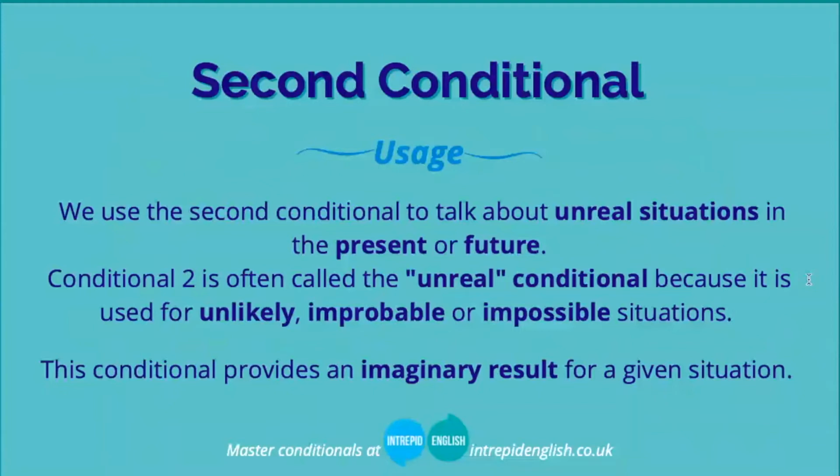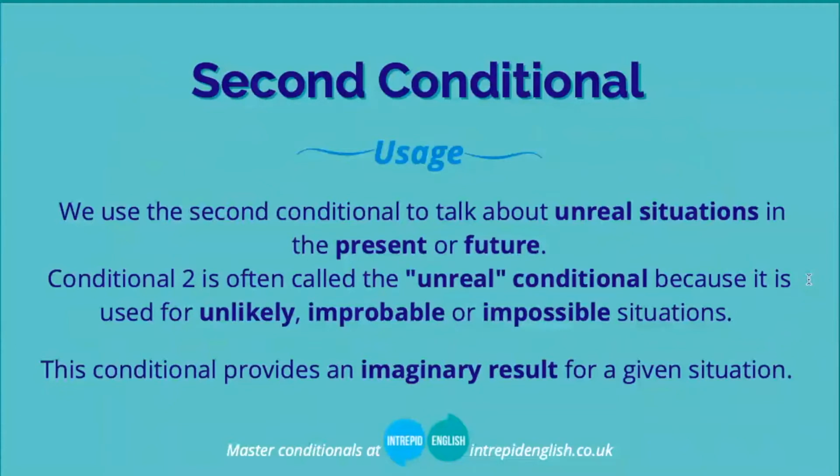You might use the second conditional to talk about something that you're really not that sure it's going to happen. But you might use the second conditional to talk about something which is actually impossible. And I'll come back to this later, but it's talking about the present and the future. So the third conditional, the one we'll cover next, talks about imaginary situations in the past.